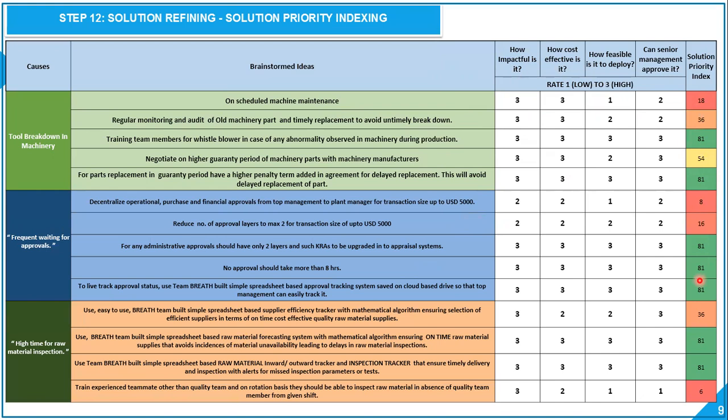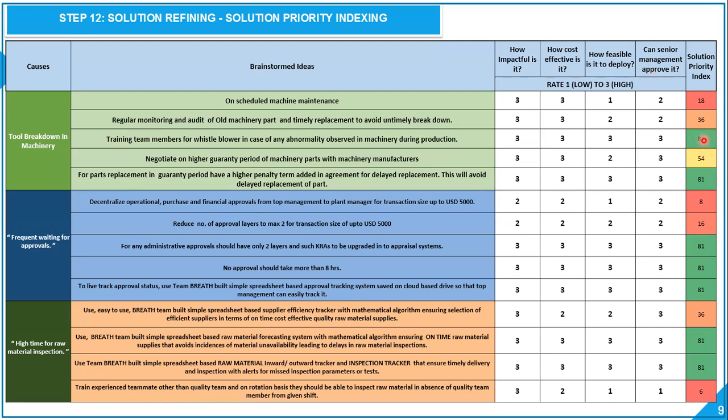Now, what does a higher solution priority number or index indicate? It indicates that the given solution is highly impactable, it is highly cost effective, it is feasible to implement, and finally senior management, or for that matter the client, can approve it.